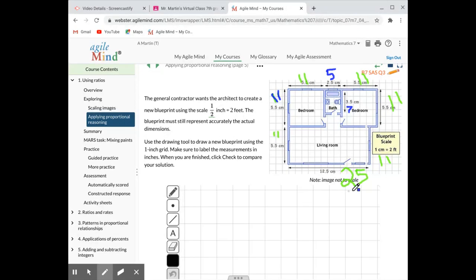Using this 25 feet, if we use 25 feet on our scale drawing, what should be the length from here to here on our new scale drawing? How many inches if a half inch equals 2 feet? In other words, how many half inches would it take if each half inch represents 2 feet to make 25 feet?